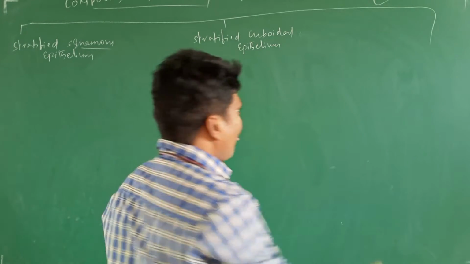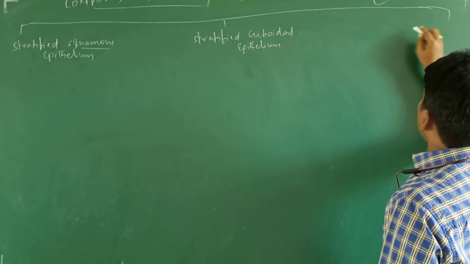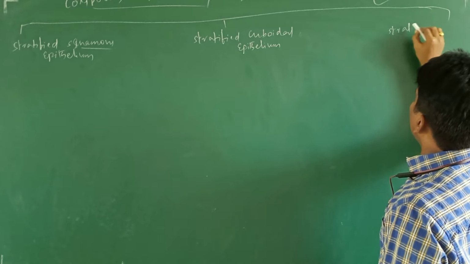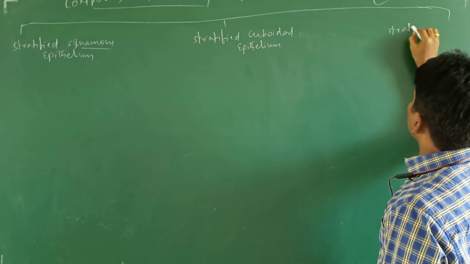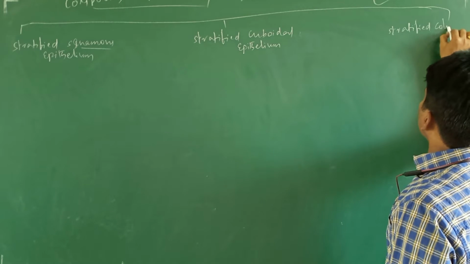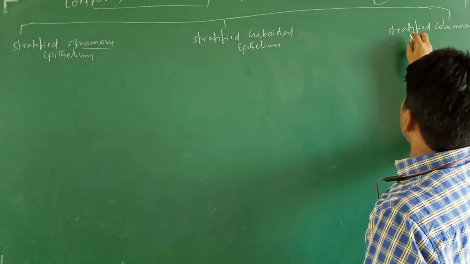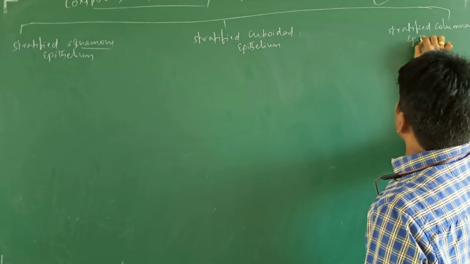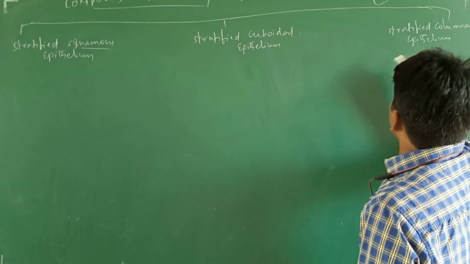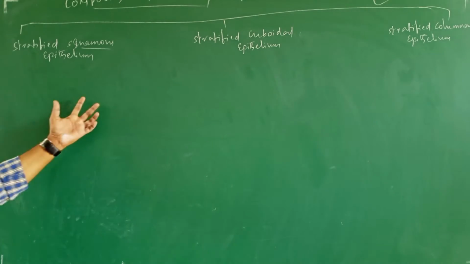Do you understand what I am going to say? Next one, stratified columnar epithelium. Now, first, this stratified squamous epithelium: how exactly is it differentiated?